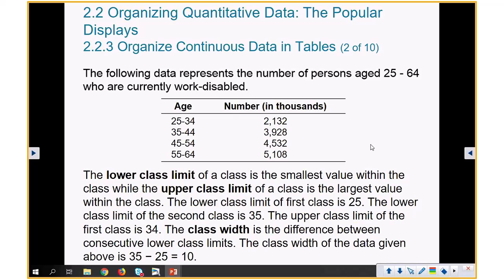What's 25 plus 34? 59. Half of 59, well, half of 60 is 30, so that's going to be what? 29.5. So that's your midpoint. And then 29.5 plus 10. Wait a minute, that's not right. 25 plus 34 is 59.